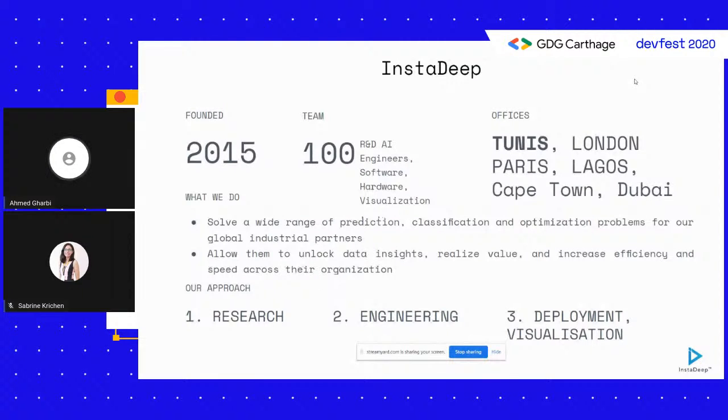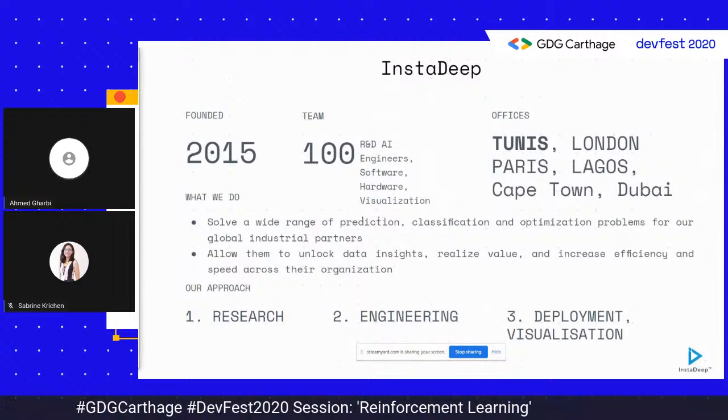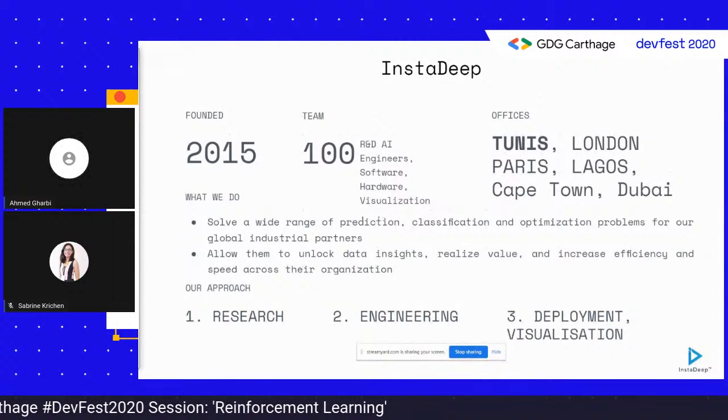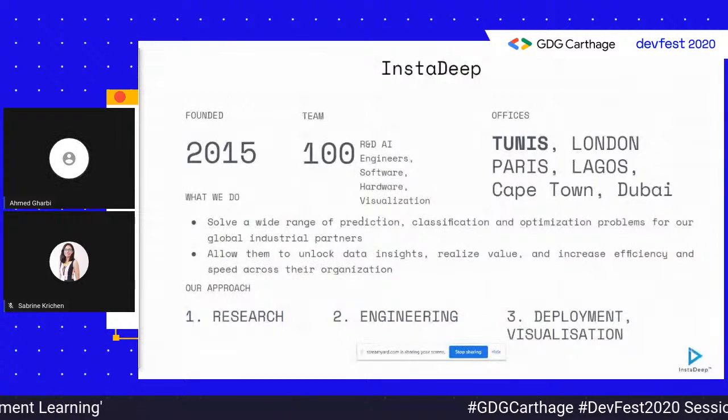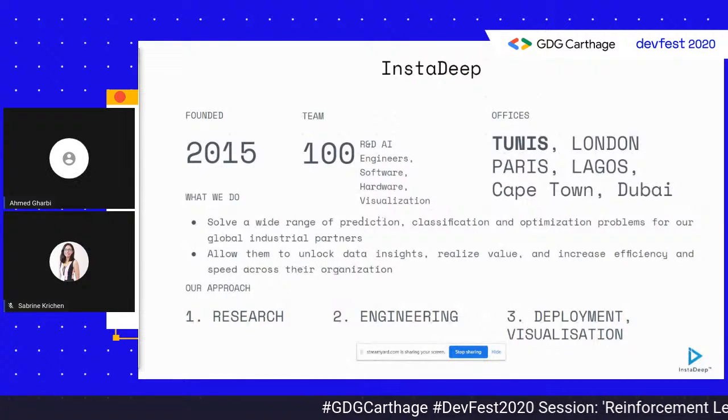It offers a wide range of products and services, including solving predictions, classification problems, optimization problems, and also decision-making problems. So InstaDeep services allow its partners to unlock data insights to increase efficiency and speed across their organization. And it also helps them to maintain the margins and pricing to stay competitive.